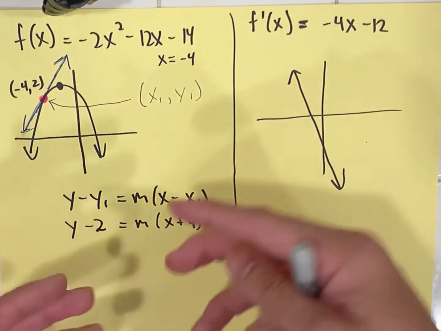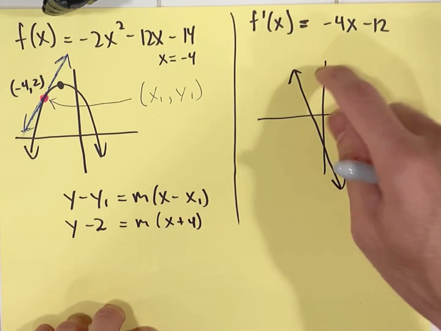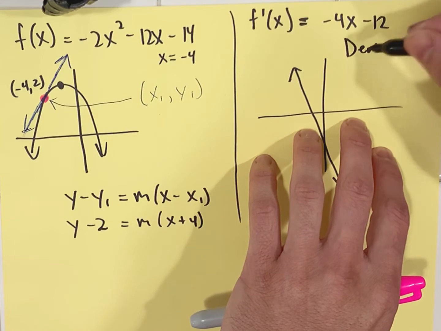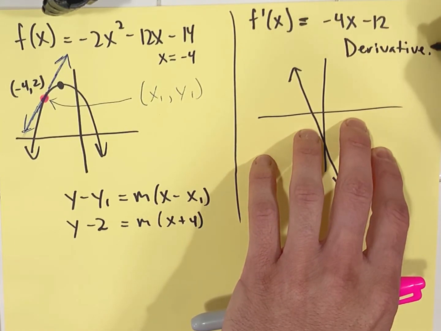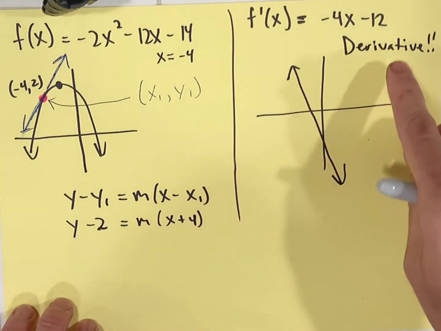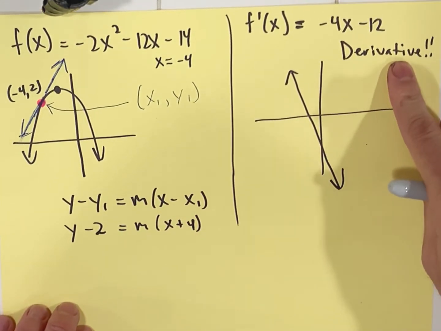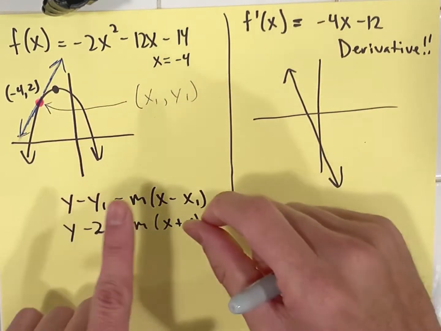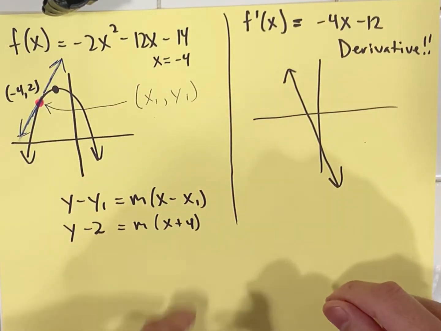But whose job is it to reveal slopes? Boom, the derivative. Just write this down here. This is our derivative. So all I need is the slope m. And that is precisely why the derivative was created, to find the slope of a tangent line at any location, which in this case is -4.